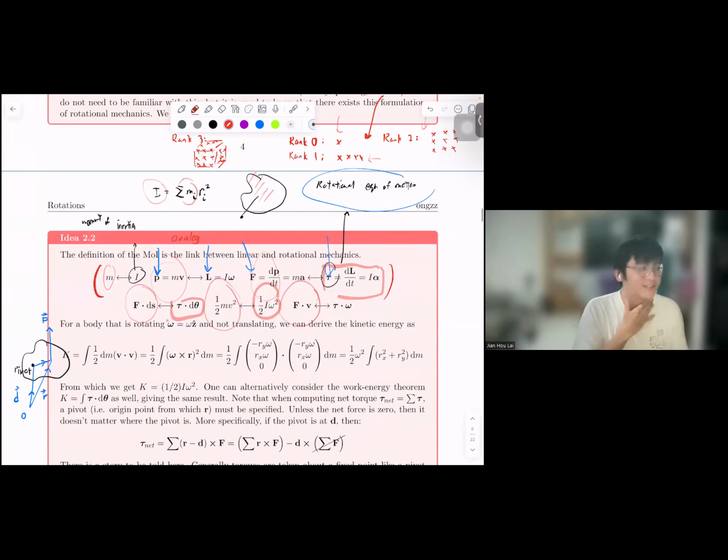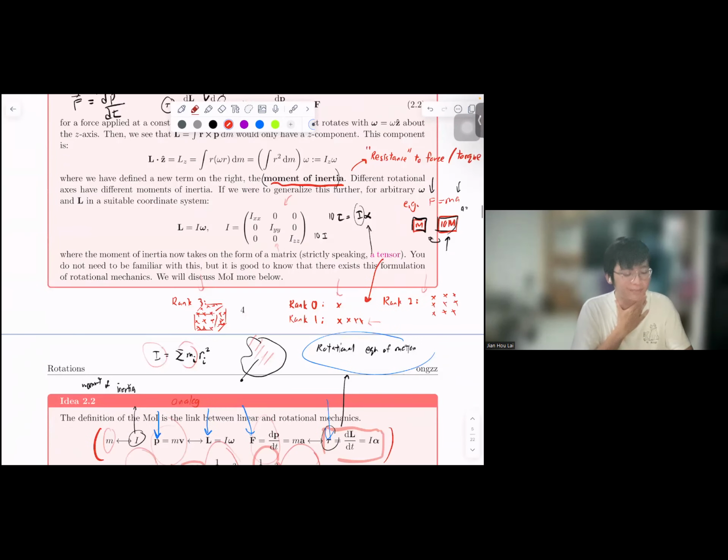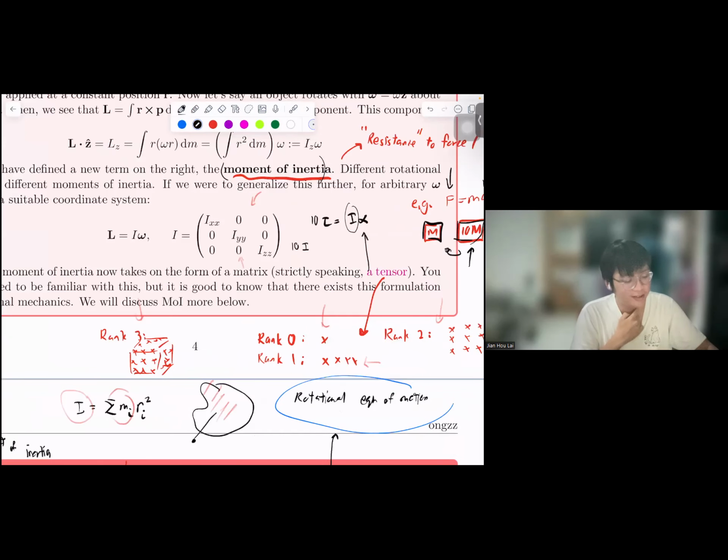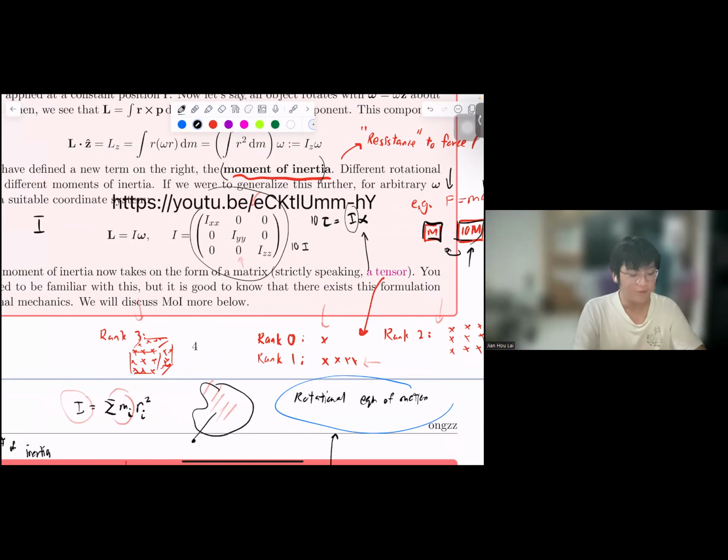How does the tensor make life simple? Instead of writing out these matrices, you just write I alpha in tensor form. It's a neater way to write the equation, so it's more beautiful in physics equations.